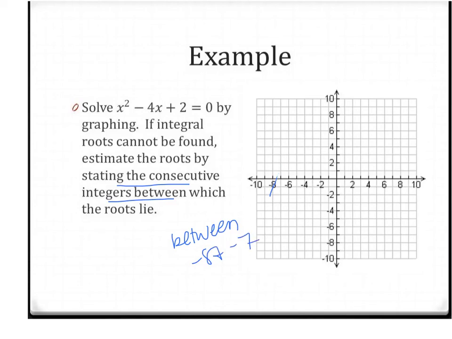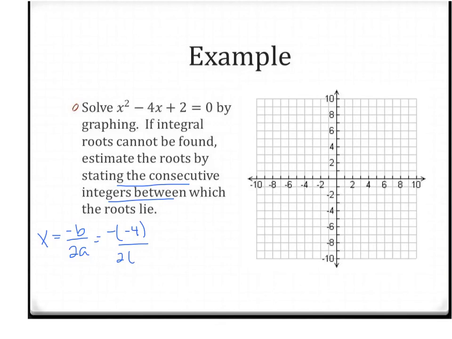Okay, let's see here. We're still going to graph it, because you don't know ahead of time where it's going to cross. So -b/2a is -(-4) over 2 times 1, which is 4 over 2, which is 2.